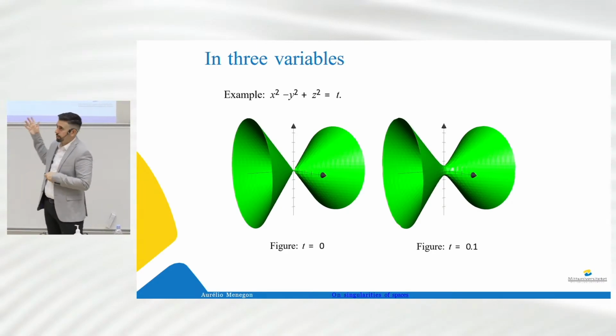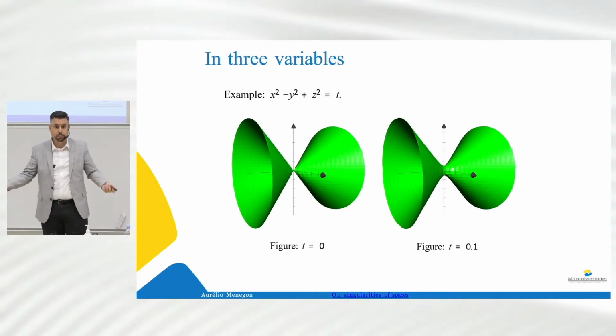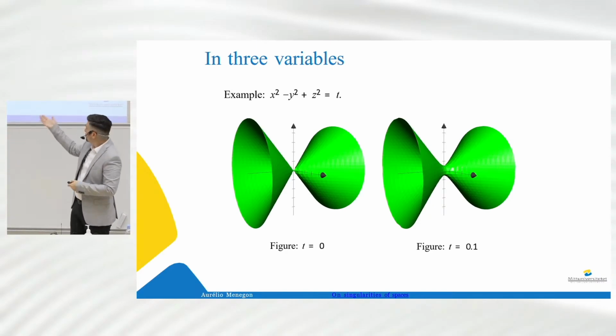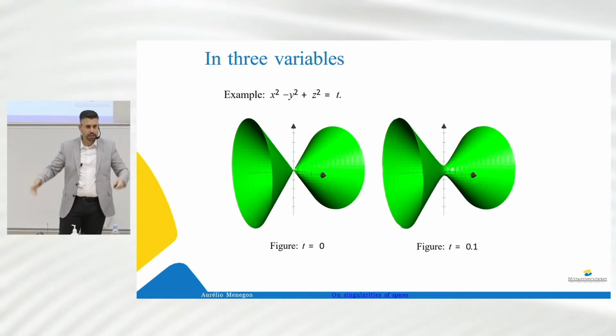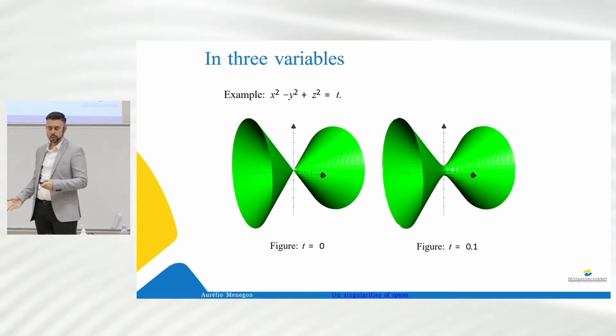You cannot do a picture because it's impossible. But using this theory, I can tell you that this has just one hole. A very big dimension, but we can count these holes this way.